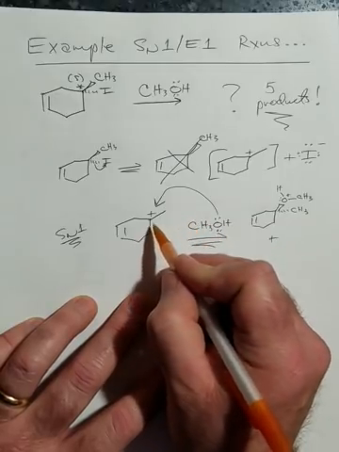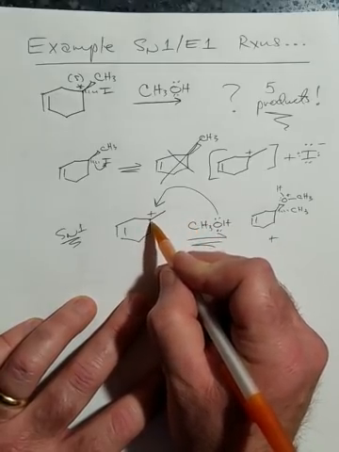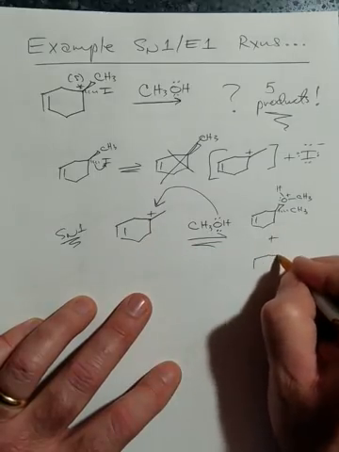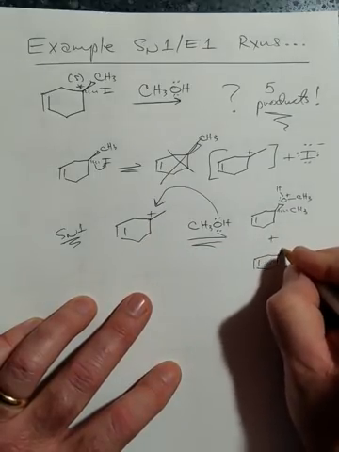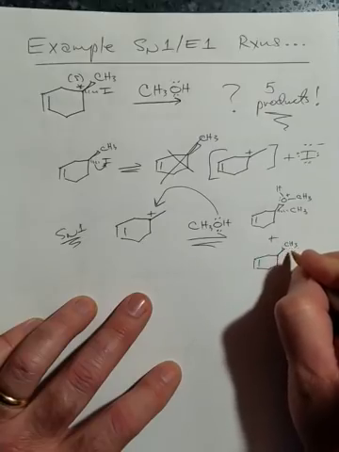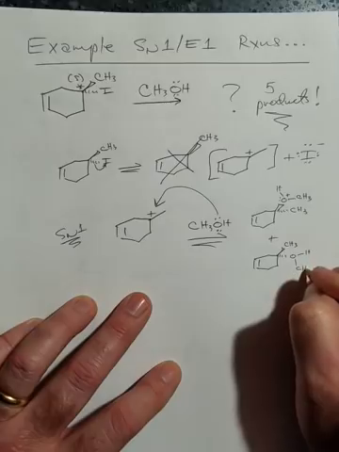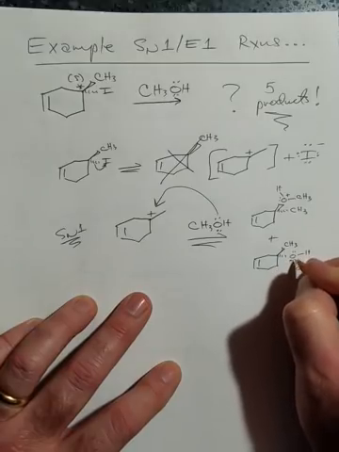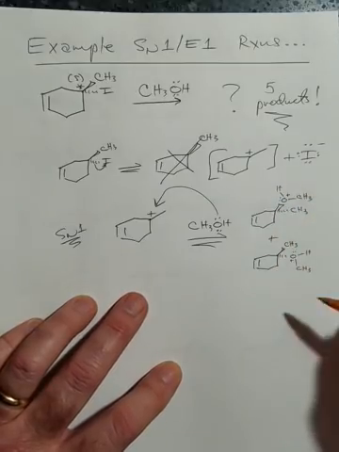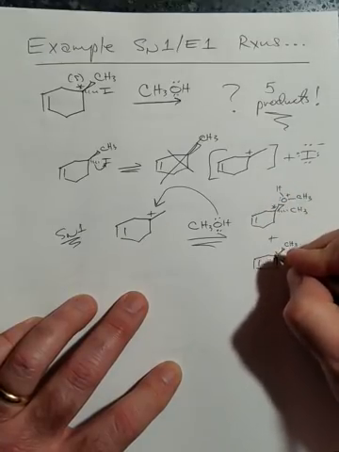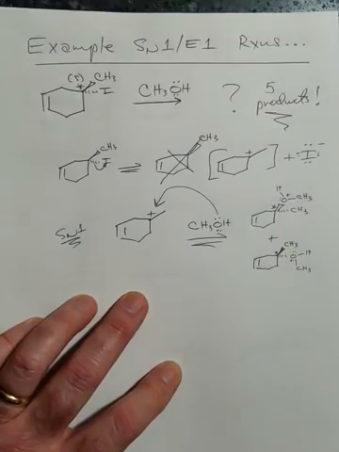If it approaches from underneath the plane of the paper, it's attacking the bottom of that p orbital, ultimately creating a new bond like this, where the methyl group is now in front and my oxonium ion is in the back. So we get these two different oxonium ions in which there are two different configurations at these carbon atoms right here.